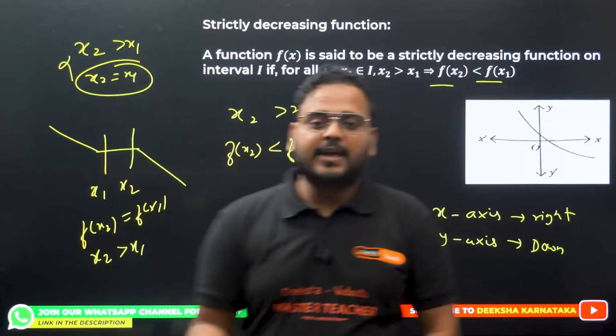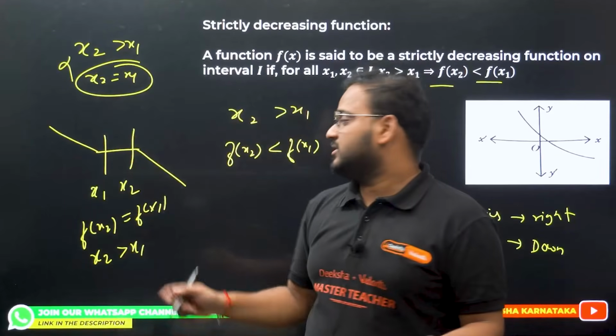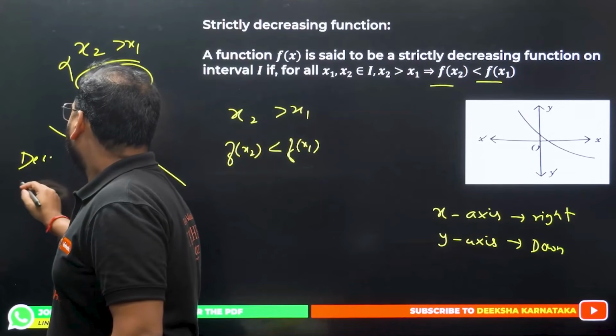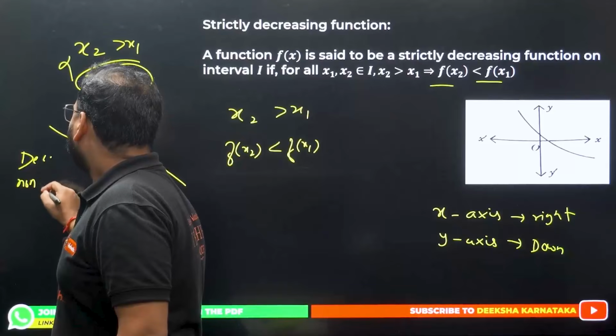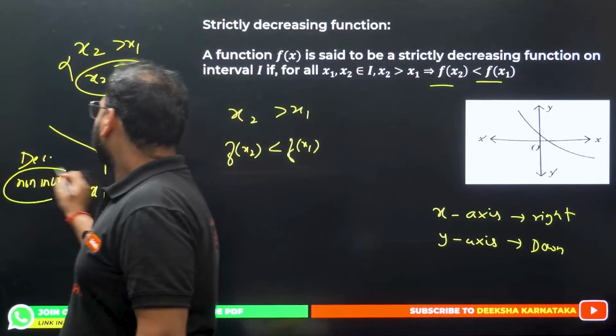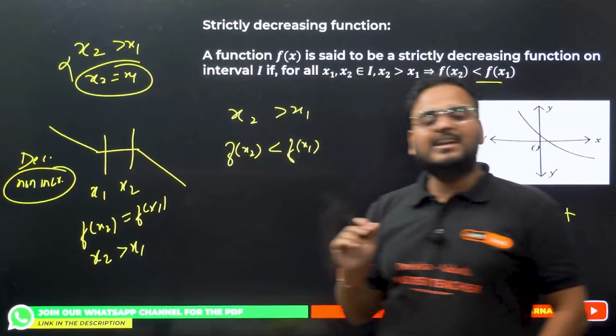So this becomes a case of a decreasing or non-increasing function. This case is called decreasing or non-increasing. Got it? You call this or this. Decreasing or non-increasing is this, or this will simply be a strictly decreasing function.